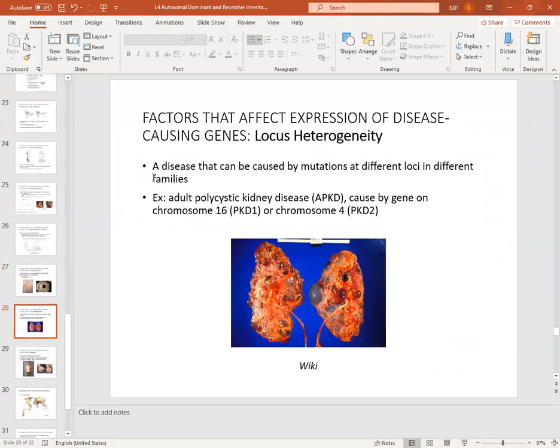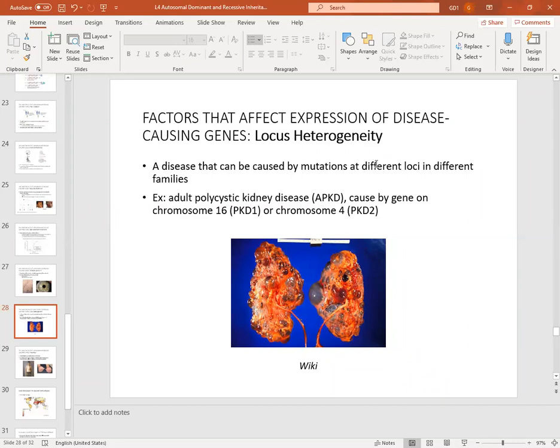Another one that is also easy to imagine is locus heterogeneity. That is, the disease can be caused by mutations at different loci in different families. For example, the biochemical pathway is kind of the same, but different genes may contribute to the disease, to the same biochemical pathway.